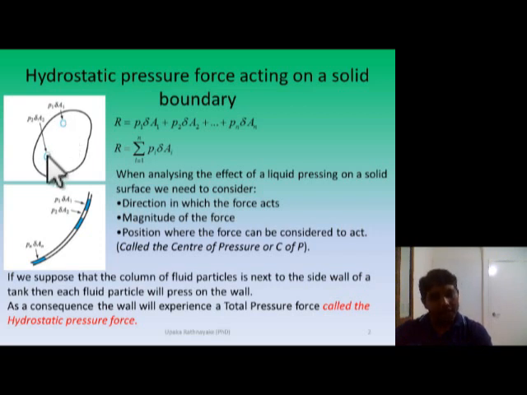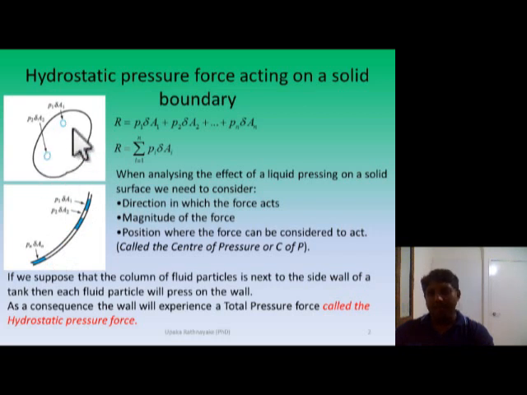Similarly, the induced pressure force on delta A2 is P2 delta A2, where P2 is the hydrostatic pressure on delta A2. Similarly, we can find a number of small forces like Pi delta Ai throughout the area of A.